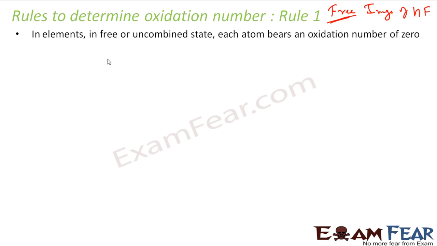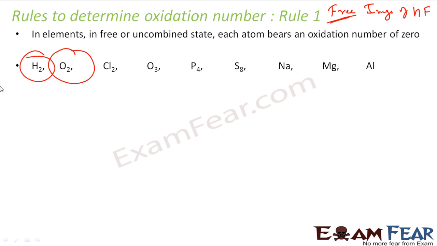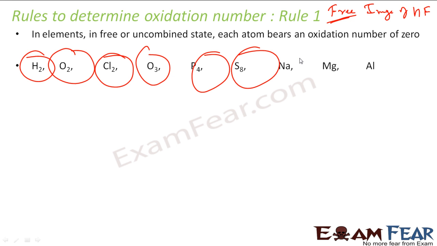The free part says that elements in a free or uncombined state, each atom bears an oxidation number of 0. For example, hydrogen H2, oxidation number is 0, O2 is 0, Cl2, each of the element's atoms is 0, O3 everything is 0, P4 is 0, S8 is 0, Na in free state is 0, Mg in free state 0, aluminum in free state 0.